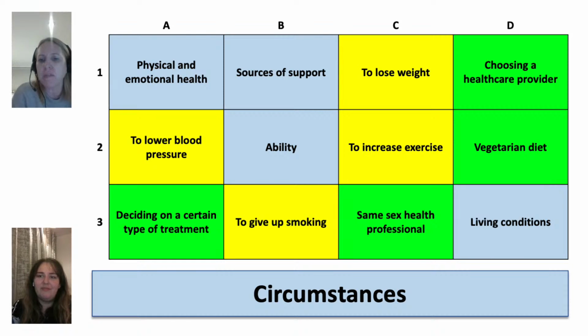It's things like age, living conditions, physical and emotional health, the sources of support that people have, and whether people have an ability or not. It might be the location of where they live as well. So yeah, definitely. When you have a case study in the exam, think about all of the things that are written in the case study, because all of those things will be useful about the person's circumstances.